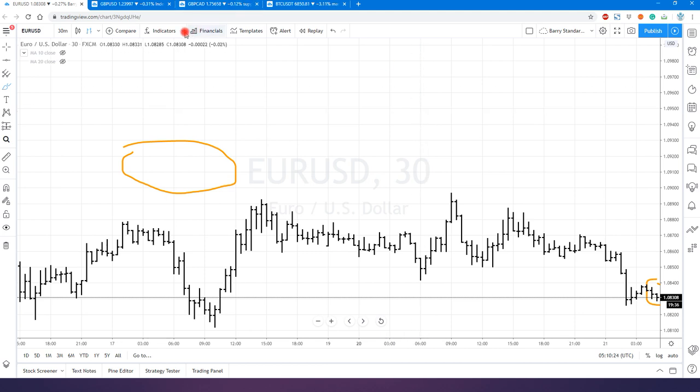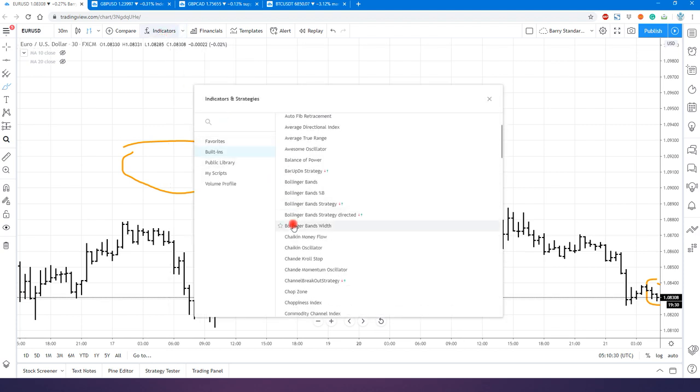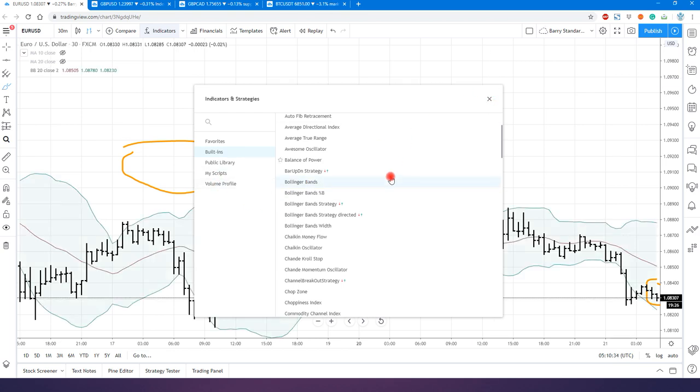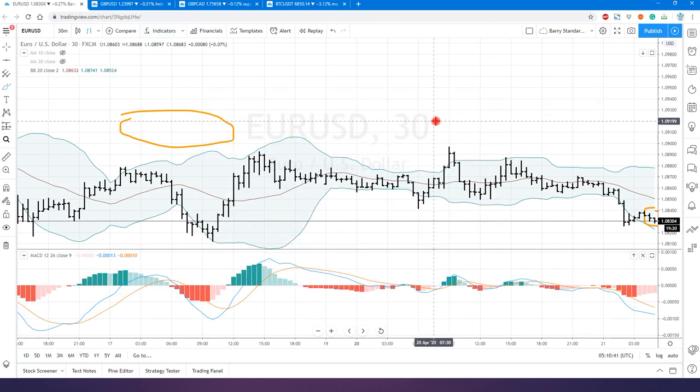Okay. We can also then put indicators on our charts. Like we can draw Bollinger Bands right over top of our charts, or we could go down and put MACD on the bottom of our charts. These are technical indicators. Okay.